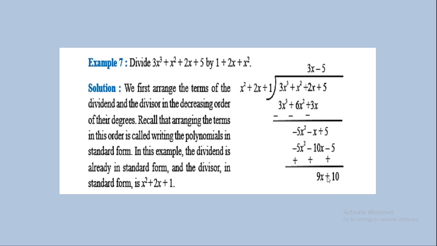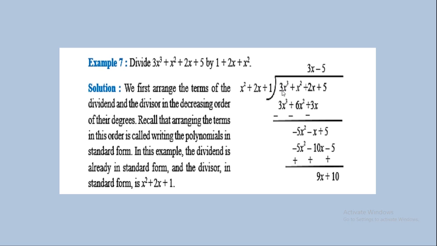Now the degree of this polynomial, the power of x, is 1. Here the degree of the divisor polynomial is 2. That is, the degree of the remainder is less than the degree of the divisor. At this stage we can stop this division, and now we have a divisor, a quotient, and the remainder.